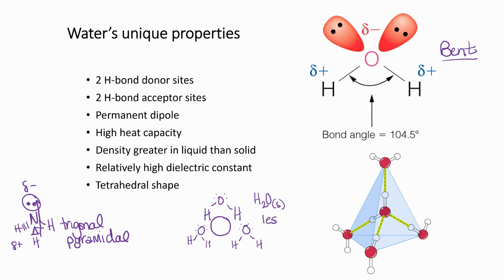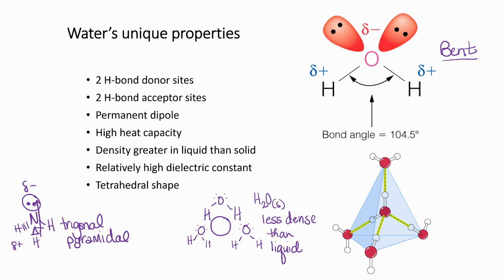It is less dense than the liquid. This is very unusual because most solids are more dense than their liquid form. But when water freezes, it forms these kind of structures with these little gaps in it because of the bent shape and the dipole-dipole hydrogen bonding that's going on. And so you end up with a crystal type structure that's less dense than the liquid.